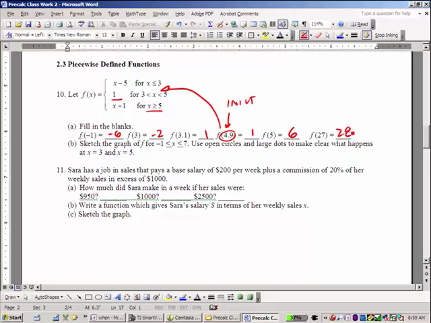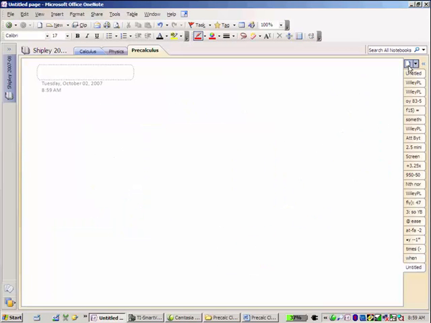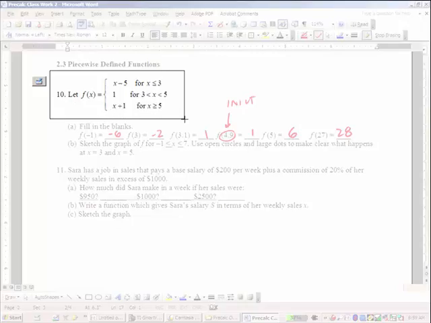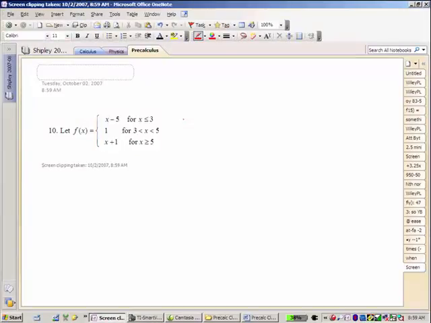Great. Okay. Let's try to graph this, and let's try to graph it without our calculator. I know I showed you how to do it with your calculator. Let's see what we can do without it. I'm going to grab a new piece of paper and grab that function. I'm going to do a nice big graph.